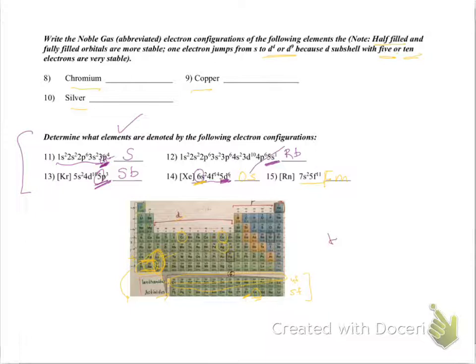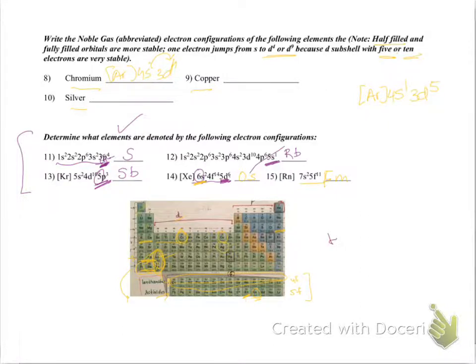So chromium, you will say argon 4s2 3d4. But then what happens? One electron jumps from 4s to 3d to give argon 4s1 3d5.